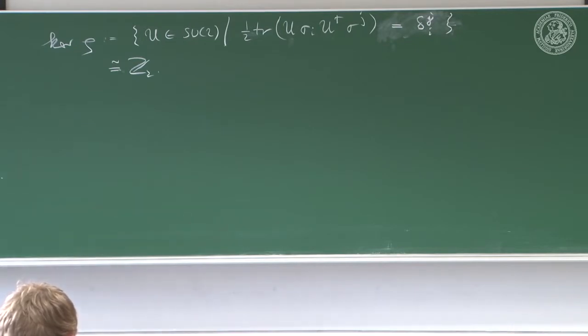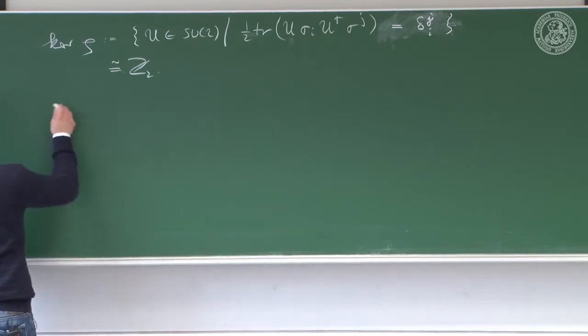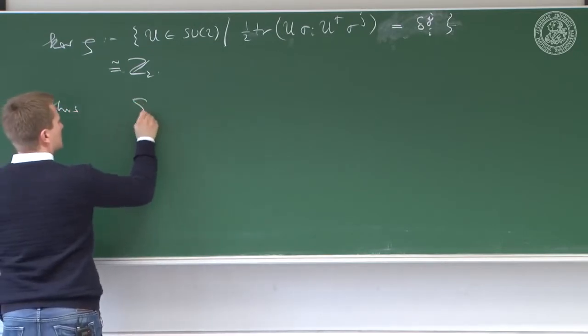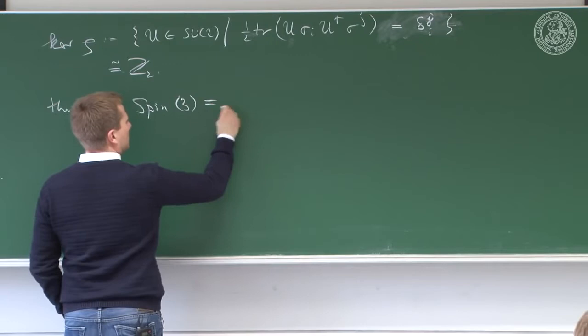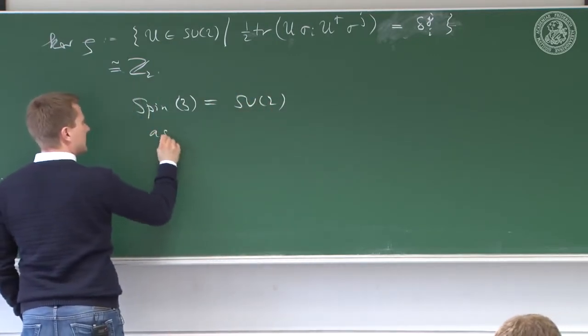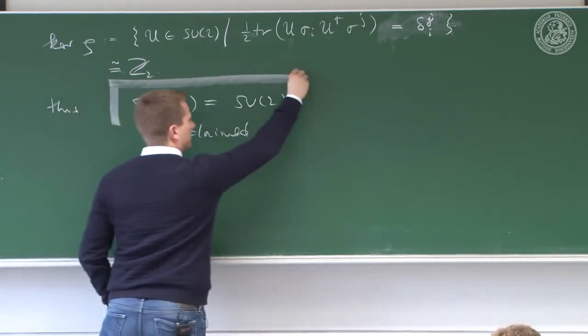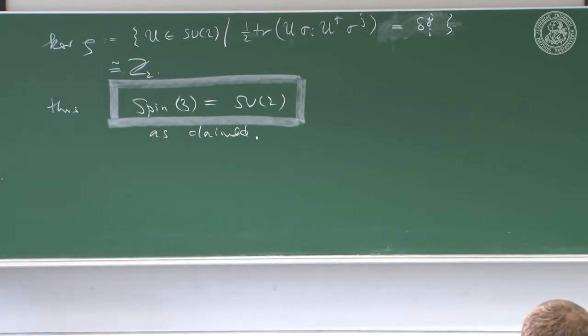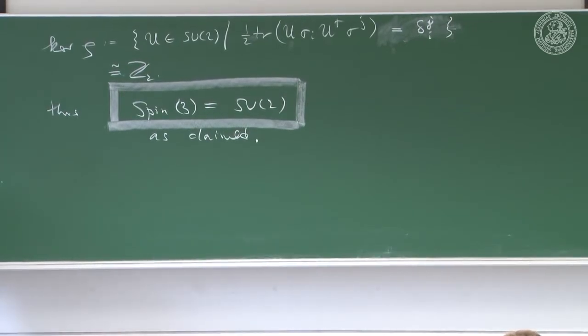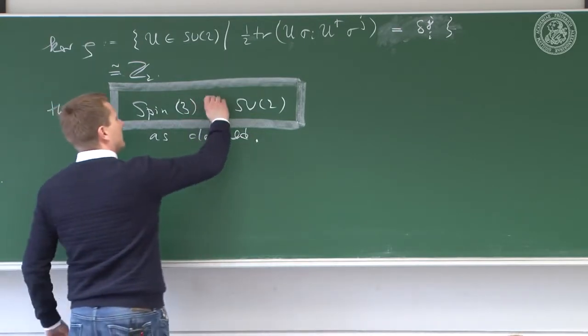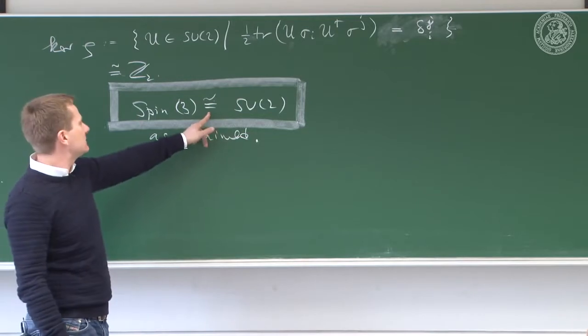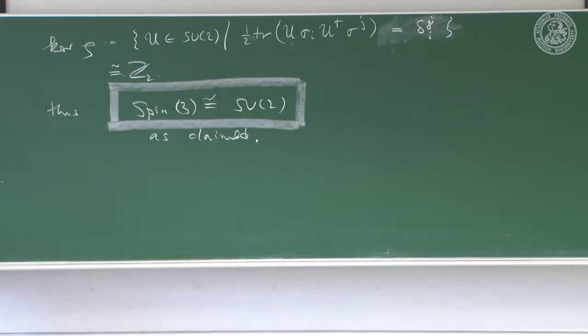Okay, so thus Spin 3 equals SU2 as claimed. All we did is prove what I claimed before in the table for one special case. But we have the explicit map that does it. The explicit map is our map rho. And that's good. We need that.